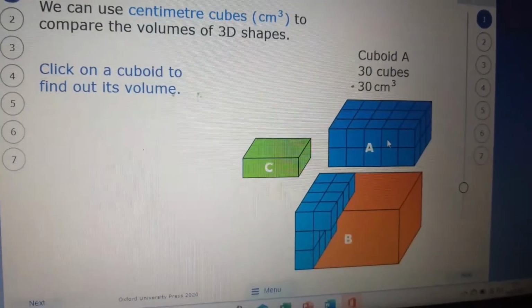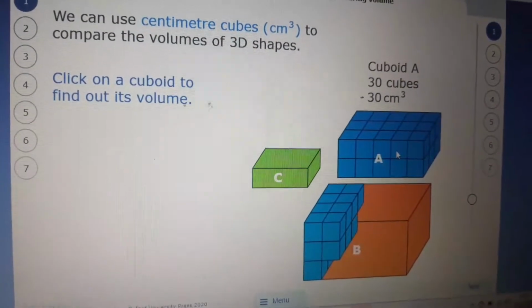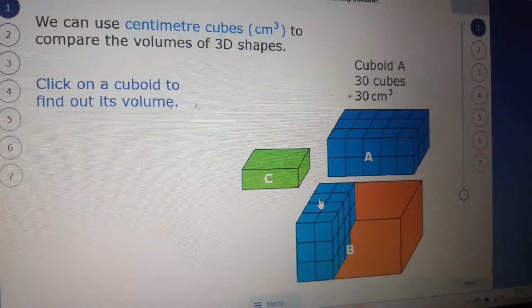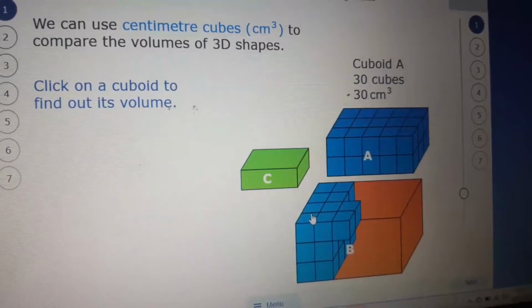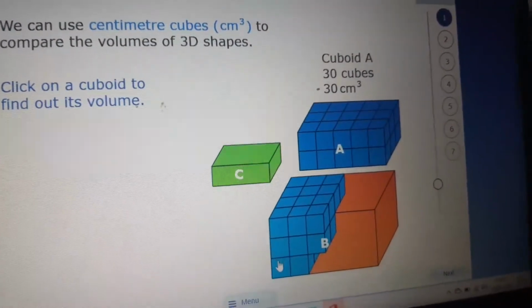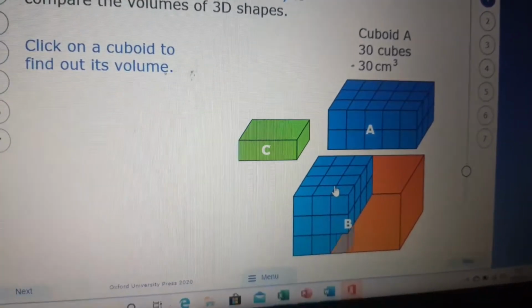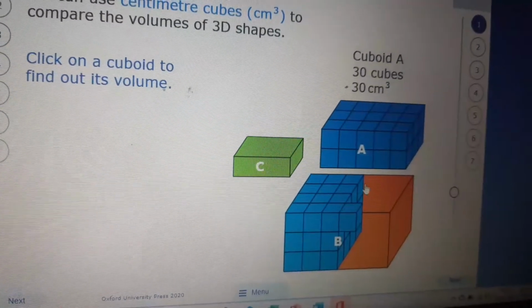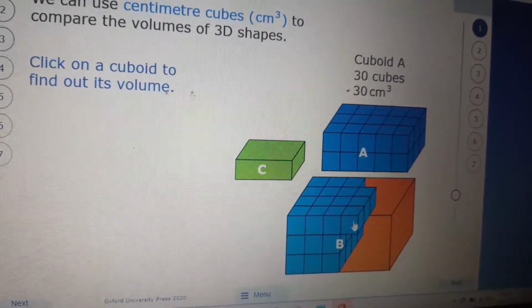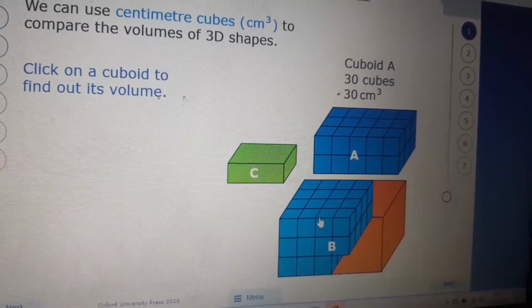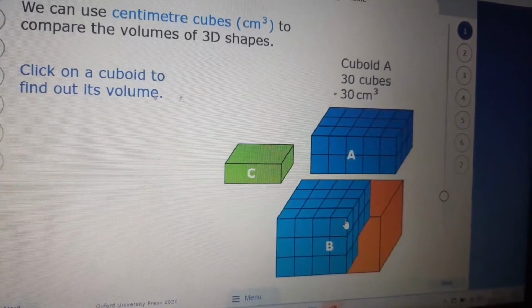Now, cuboid B is filling up. You can see here we have a row of 1, 2, 3, 4. We have 3 layers. Every time you do 4, you make another line, but you have to do 3 of those 4s to keep filling. So you could go side to side and count in 12s.